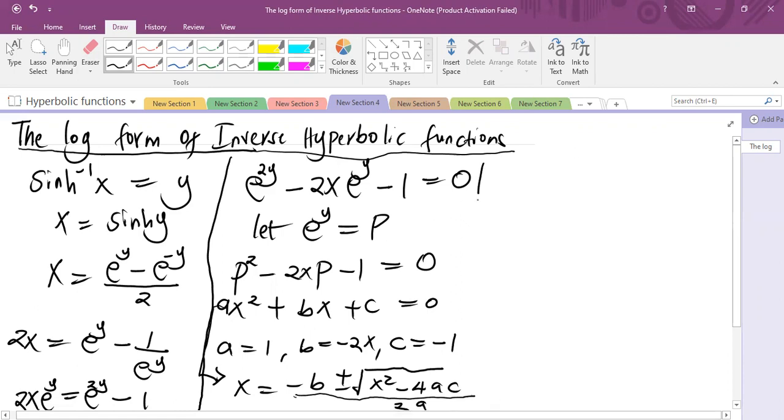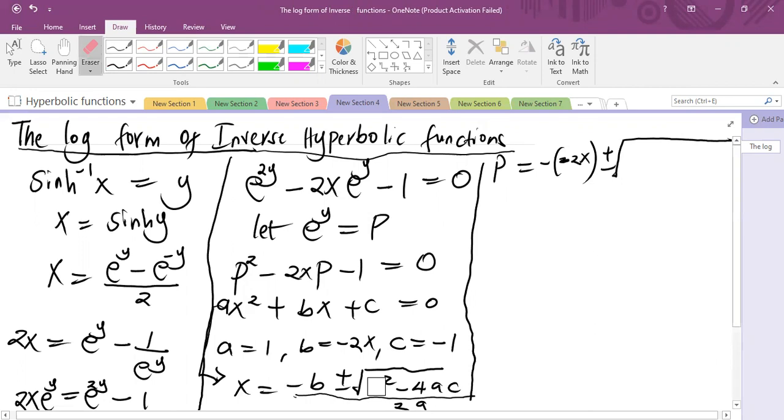So the value of p will be equal to minus b, and our minus b in this case is minus minus 2x, plus or minus the square root of b squared. Sorry, this is supposed to be b squared.